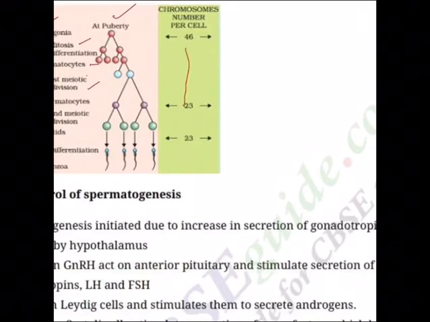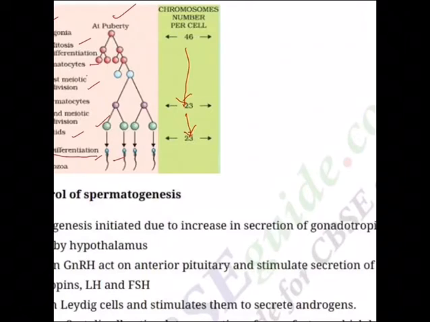So 46 has become 23, a 50% reduction. The secondary spermatocytes become spermatids, where the chromosome number is maintained at 23. The spermatids, which are circular structures, become the designated sperm shape by a process called differentiation, and this is what we call spermiation. That's how the spermatozoa or sperms are formed.